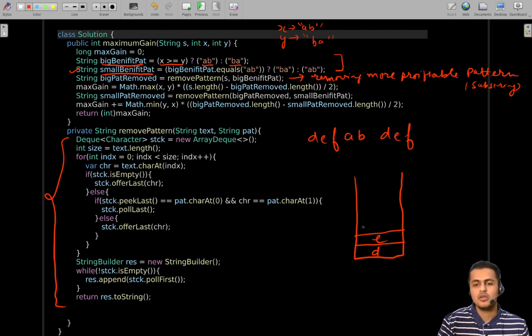So let's say F is pushed, then A, and then you came to a point, while traversing this string from left to right, at B. You see that the top of the stack is having A, which is the first character of your pattern, and your current character that you are visiting is the second character of your pattern.